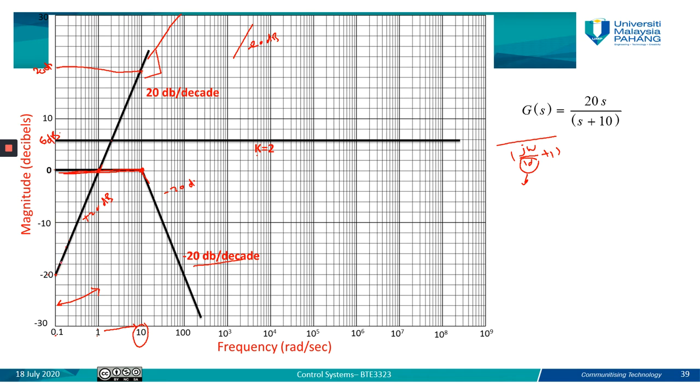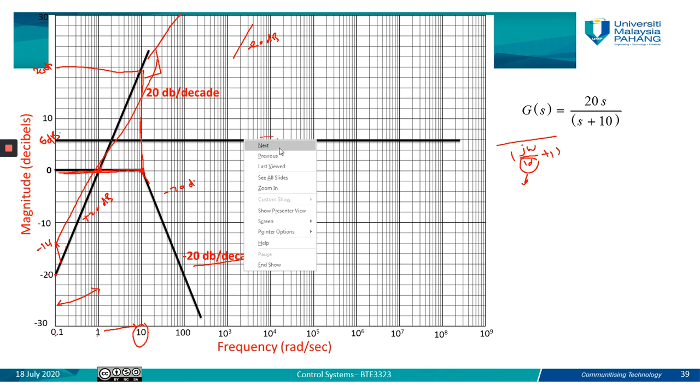So this line will go up until negative 14. So it will start from negative 14 and will go with the same slope, which is 20 dB per decade, until this point. After this point, because here the slope is 20.